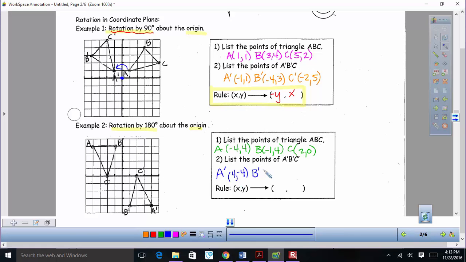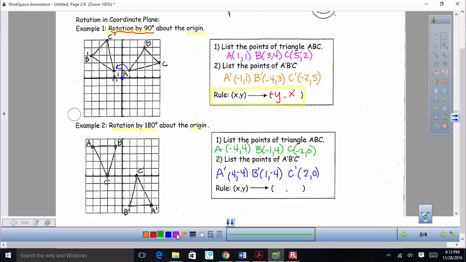B prime is going to be (1, -4). And C prime is going to be (-2, 0).